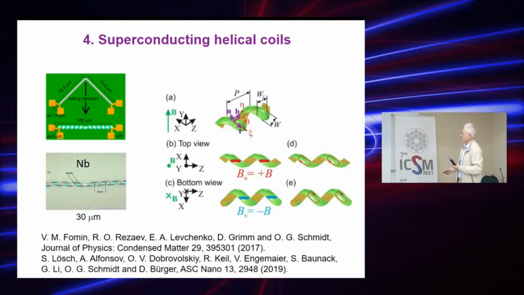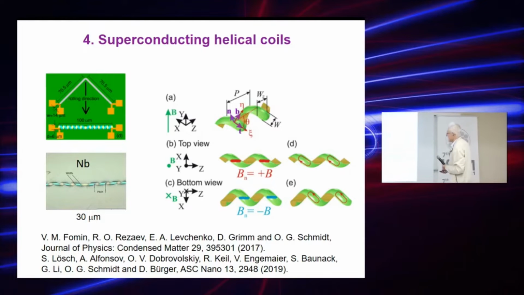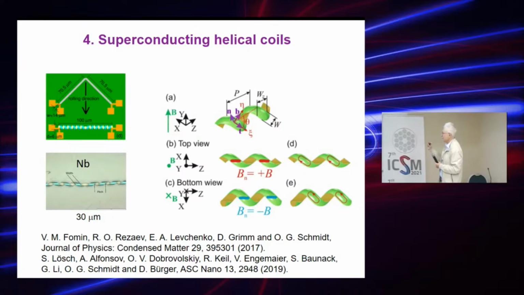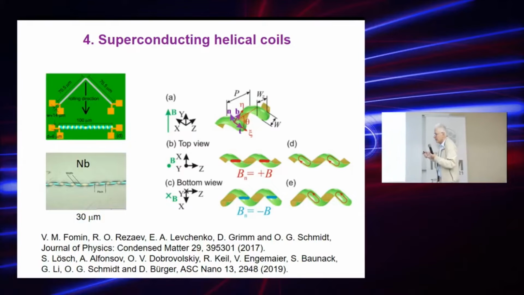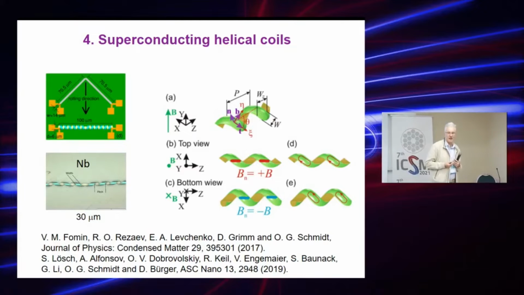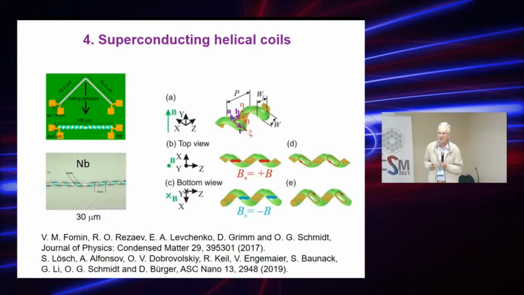And here typical sizes are shown. They are micrometers, but the thickness of this niobium film is 50 nanometers. And if you ask for a rigorous definition, it is a nanostructured microhelix. But we will call it nanohelix.